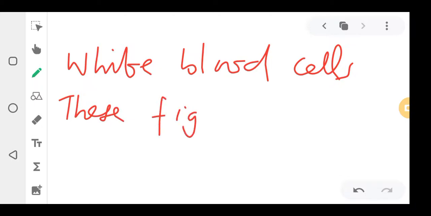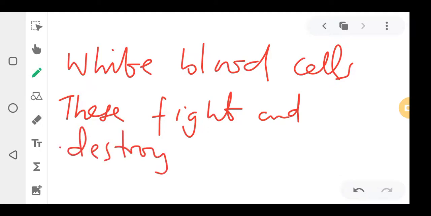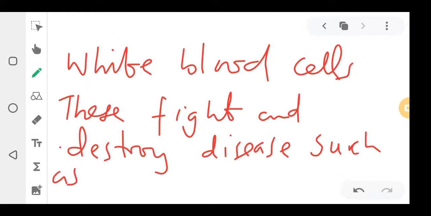They fight and destroy diseases such as germs.